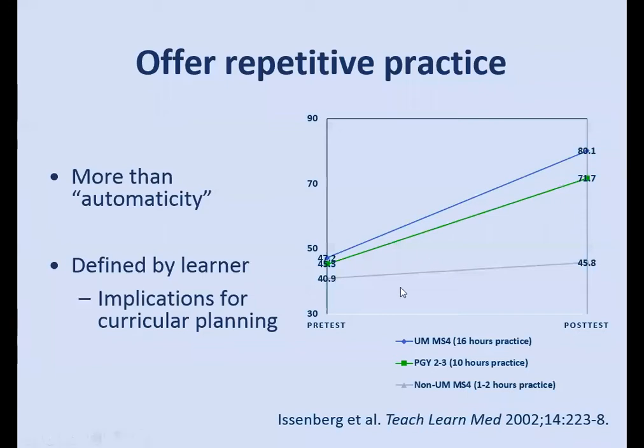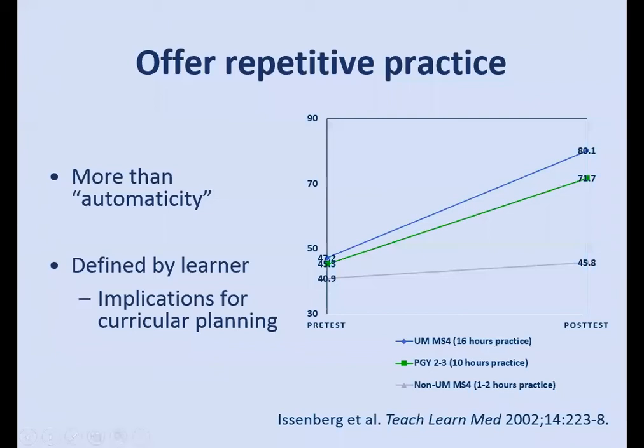Then we post-tested them. This was a 1-month elective in cardiology. And you could see that the UM students and residents significantly outperformed the control group students, who actually did not statistically improve their performance. Both of these groups nearly doubled their scores on a post-test.